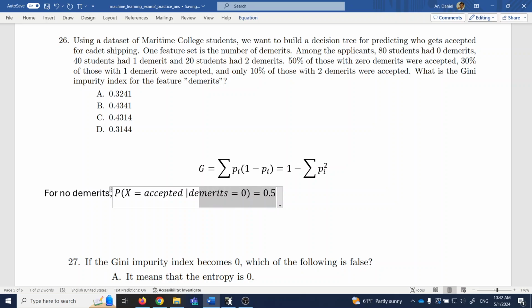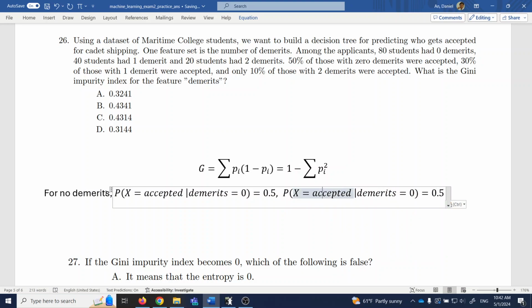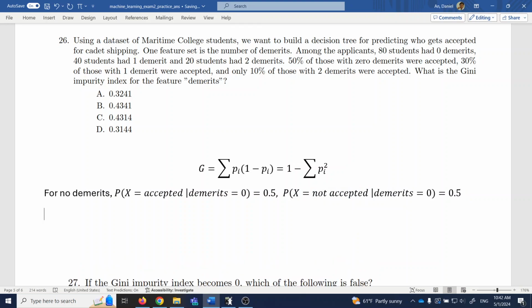On the other hand, 50% not accepted. Since we have these two probabilities, the Gini coefficient, I'll call it G1, is 1 minus 0.5 squared minus 0.5 squared.